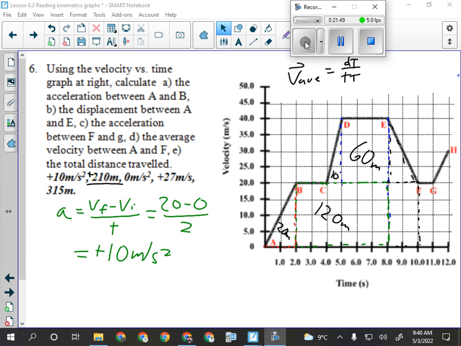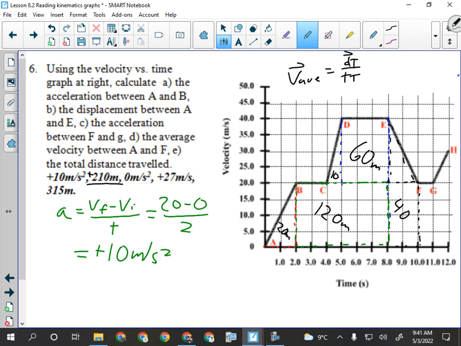So going to F means getting these other two shapes right here. Constant velocity of 20 meters per second for another 2 seconds, so 20 times 2 is another 40 meters here. And this is 20 times 2 over 2, so this is 20 here. So we add on to that.